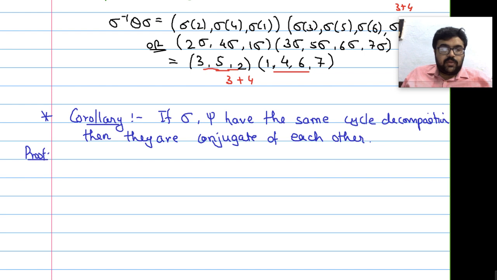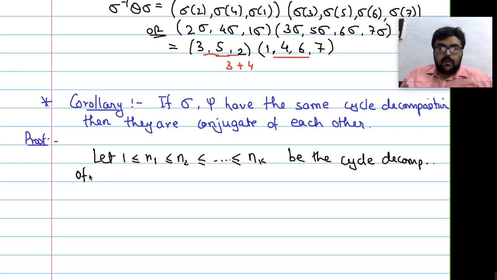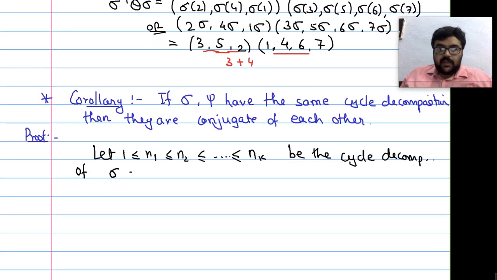Again, the proof is not difficult, it's very easy. So suppose they have the same cycle decomposition. So let us take 1 less than or equal to n1 less than or equal to n2 and so on less than or equal to nk be the cycle decomposition of both sigma and psi.